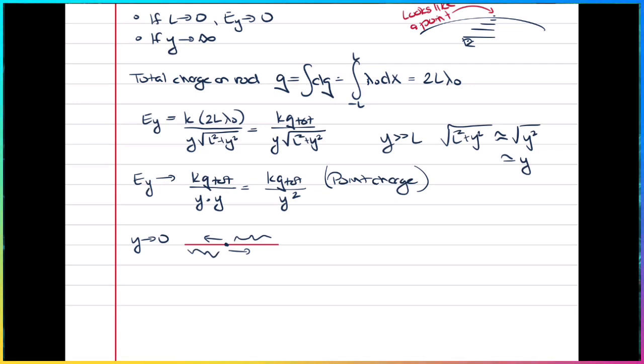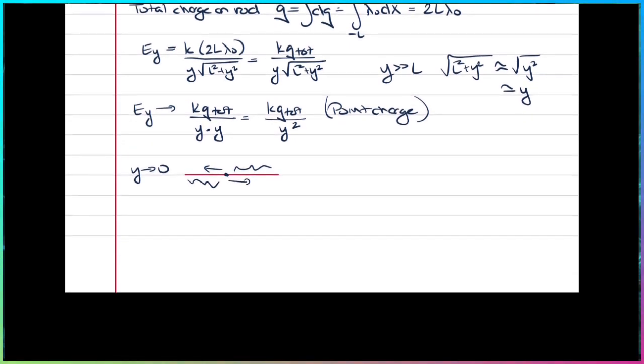But then we could consider what the rod looks like as y goes to 0. So we're not going to let it be exactly 0, especially because then we're dividing by 0, and that's frowned upon. But I'm going to let y just be absurdly small.